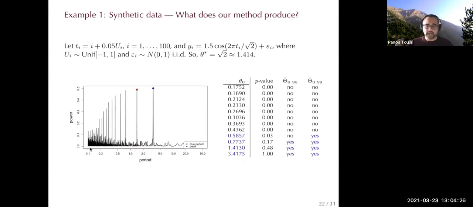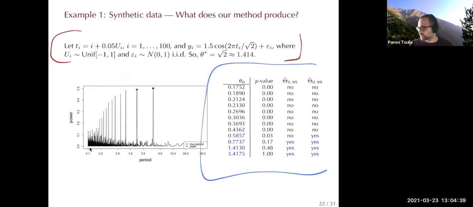Okay, so what does our method produce? Just let me give you the practical aspect of it, so that we can appreciate those advantages. So let me go back to the synthetic data example. Our main product is a table that looks like this, which includes our confidence sets, the 95% and the 99%. What you see here on the left is some candidate values for my period, and here the yes or no is whether that period is included in the confidence set or not.